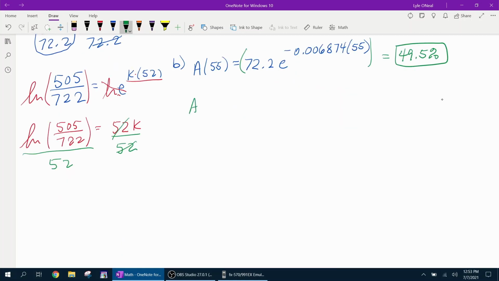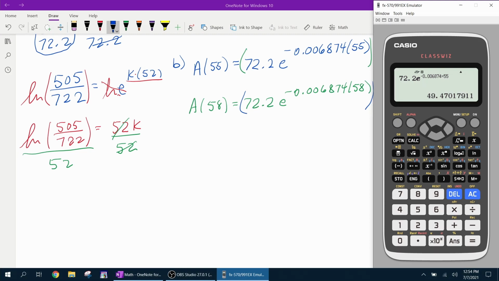And we're also going to calculate A of 58, just like we did before, replacing t with 58, and whatever that works out to be will be the percent of adults married in 2018. Now the fastest way to do that with our Casio is to just back up, delete 55, and make it a 58.